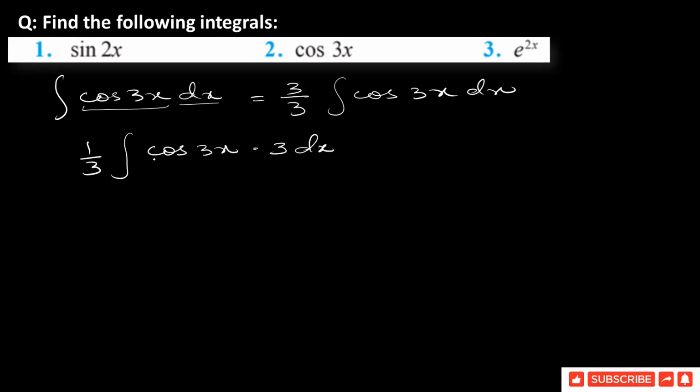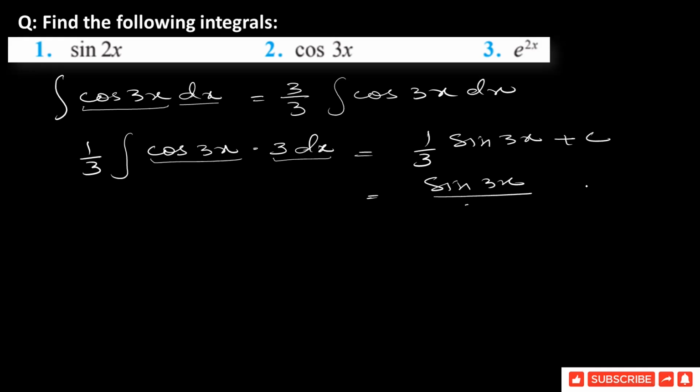Now the function is cos 3x and its derivative is 3 dx. So we can write it as 1 by 3 sine of 3x plus c, or sine 3x upon 3 plus c. Understood? I think this is an easy one now.